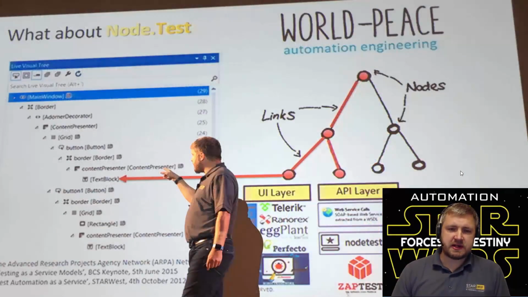Last month I spoke at Star West and I talked about world peace for automation. Part of that world peace was saying that everything is just a node, whether that be a UI component, which may be a text box rendered by a DOM, or an endpoint, which is a microservice you're connecting to via some kind of API.